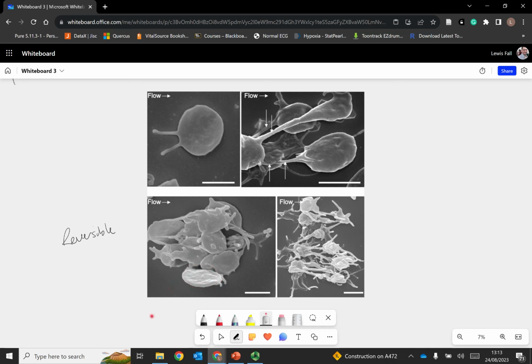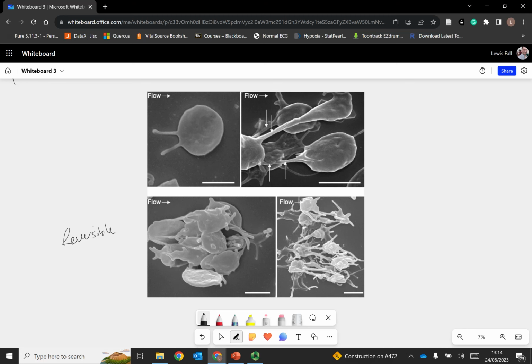Over here, you will notice that you can actually see the granules pushed in towards the middle of the platelet, and you can see that at this point they've changed and they've become fully active. At this point, this is an irreversible aggregate. In order to break this up, we would need to literally break the clot up.